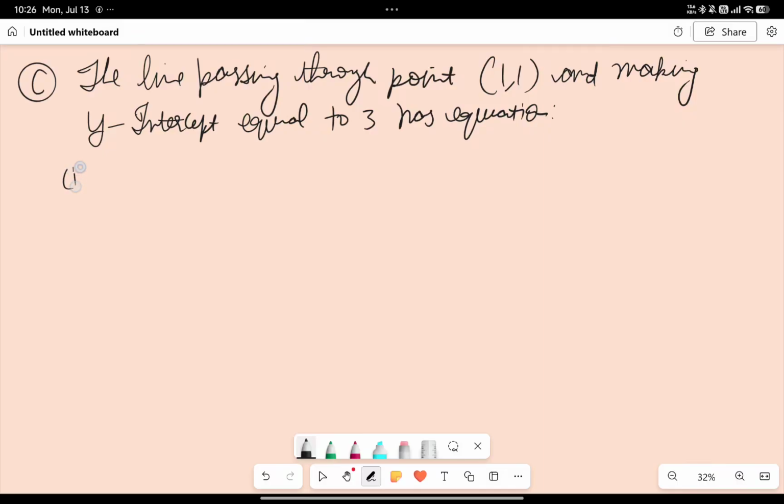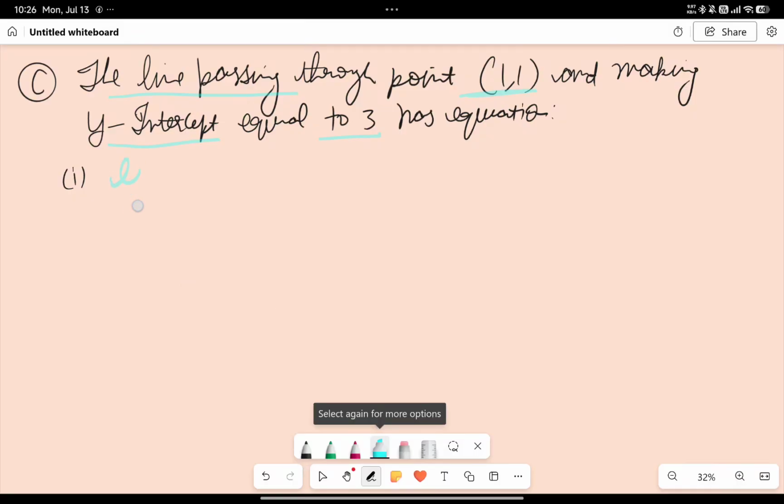So the options are given here, so many options. You need not look at the options because you have to solve this question. There is a line which is passing through this point and making a y-intercept that is equal to 3. So simply you can apply the formula directly.